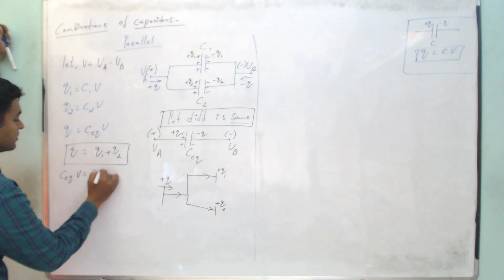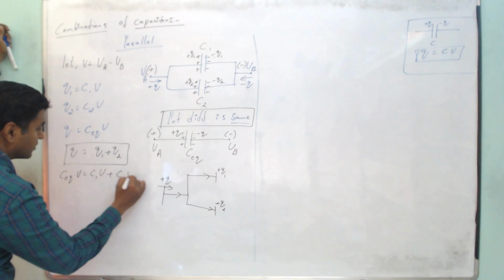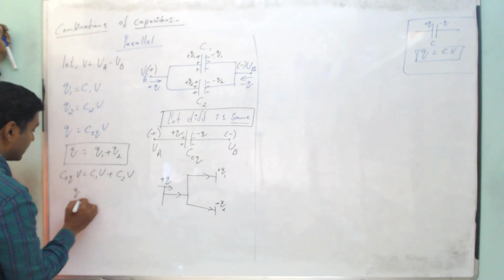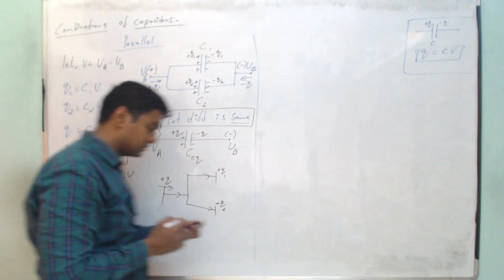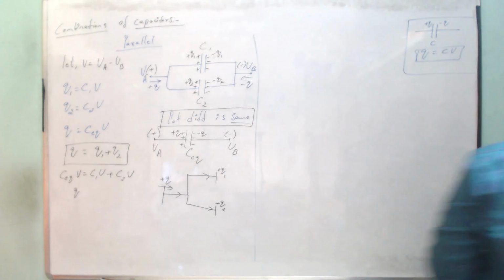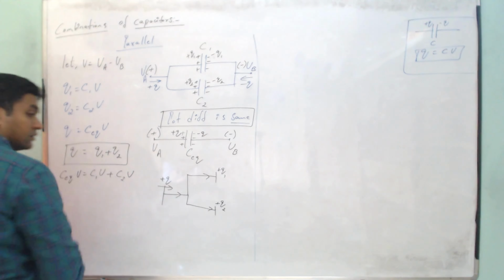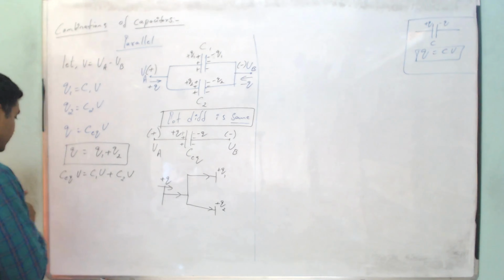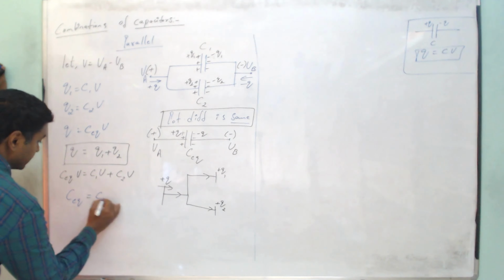C1 into V. And what is Q2? C2 into V. Therefore, I can say that my C equivalent is equal to C1 plus C2.